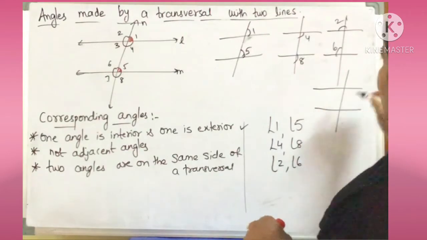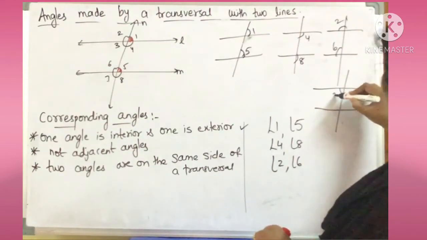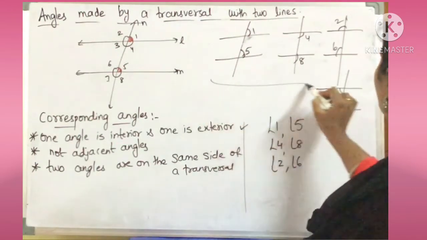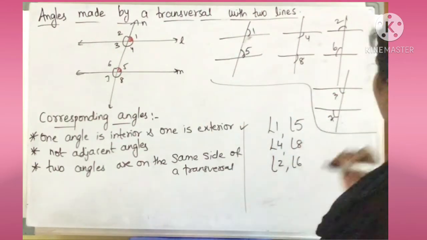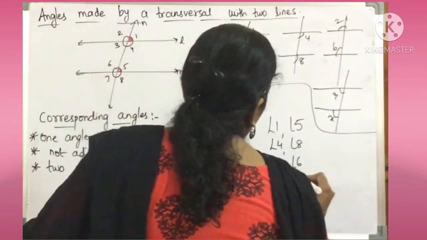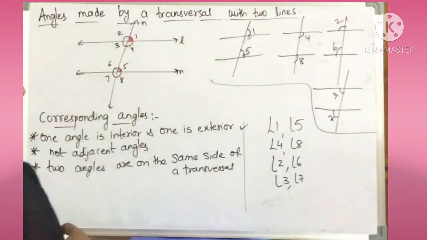Next, coming to one more pair you are going to get, children. Suppose these are 2 lines, and here 3 is interior and 7 is exterior. Okay. Now 3 is interior, 7 is exterior, and they are not adjacent and they are on the same side of a transversal, on the left side. So I can take angle 3 and angle 7 as corresponding angles.